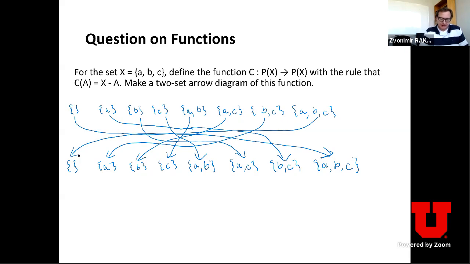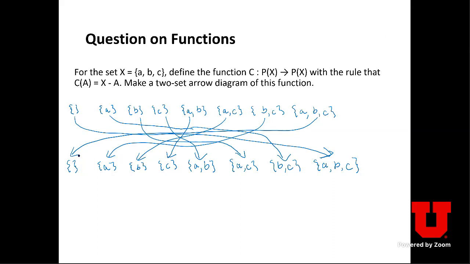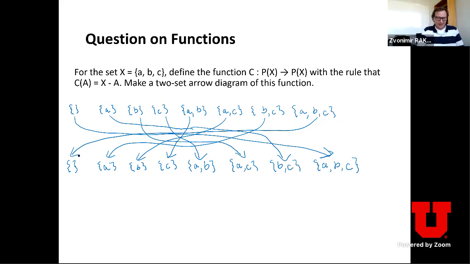Any questions about this one? Yes, please go ahead. So would it be okay to reverse the order of elements in the codomain so that the arrows are easy to read? Yeah, sure. Great question.